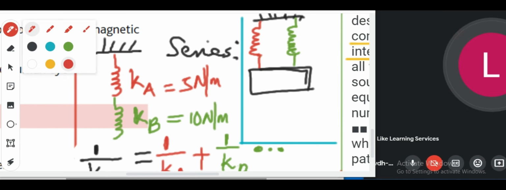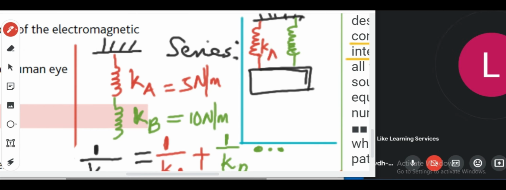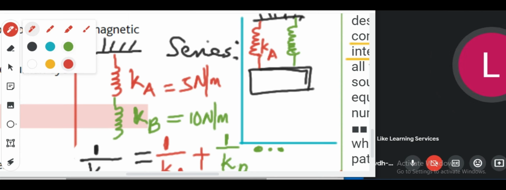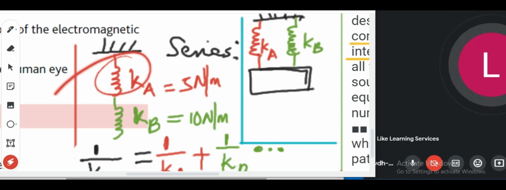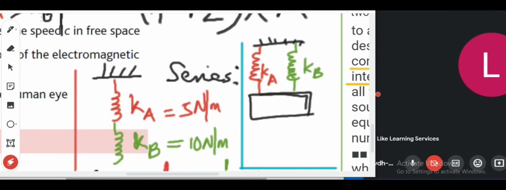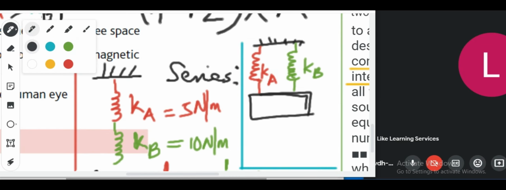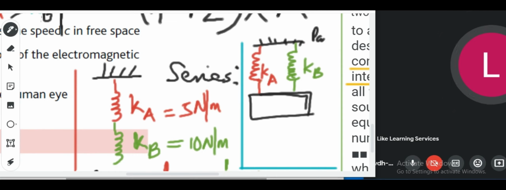The spring constant of this one is Ka, the one in red. The spring constant of the one in green is Kb. When connected in parallel like this, that's across each other, not end to end like in series. This is for parallel. Parallel is different from series.